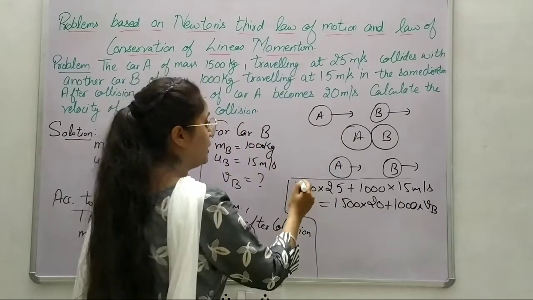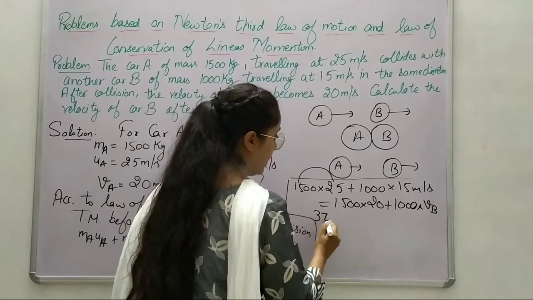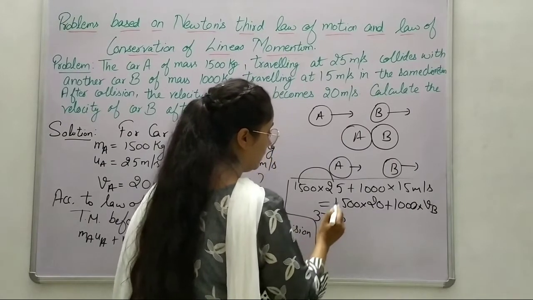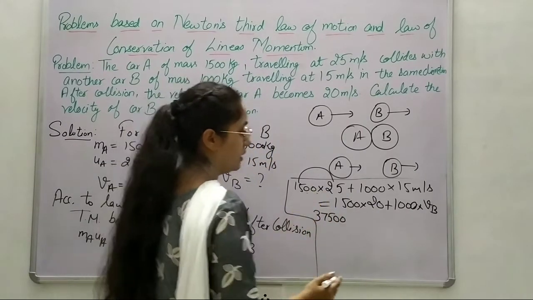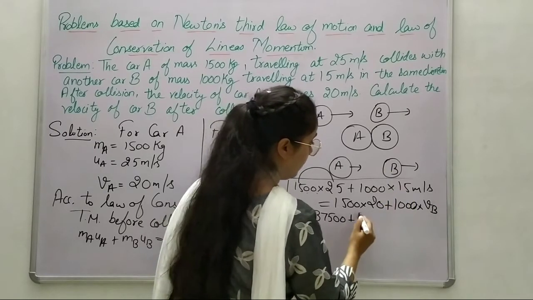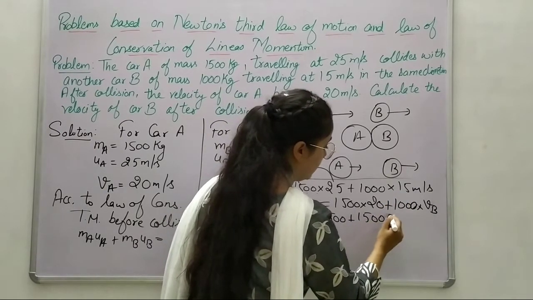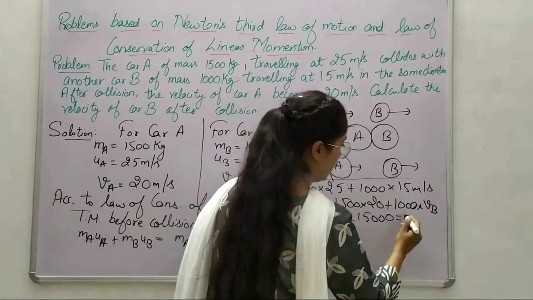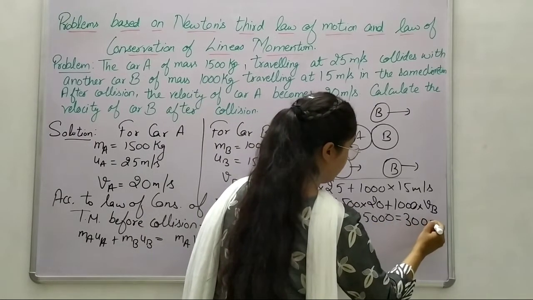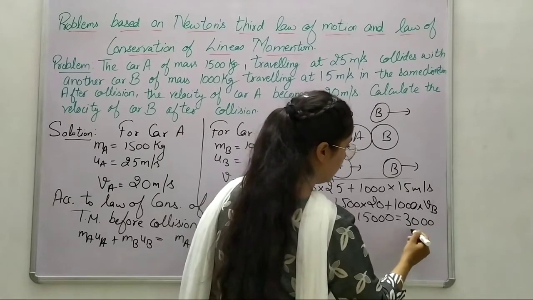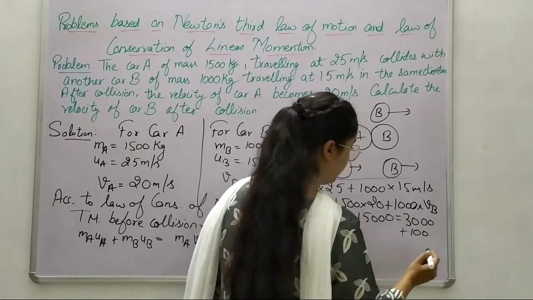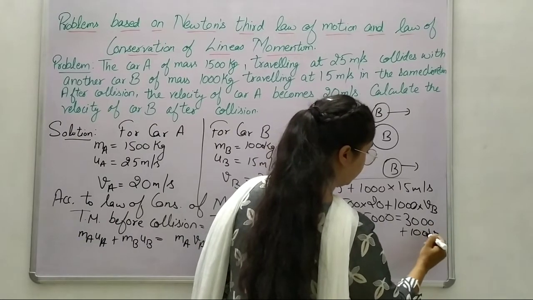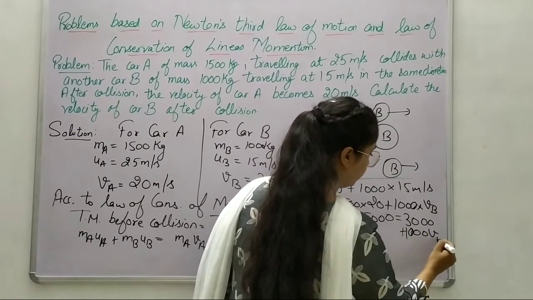Now 15 times 25 is 375,000 because we are here with two zeros, equals 15 times 20, it will be 30,000, sorry 3000 plus 1000 VB.